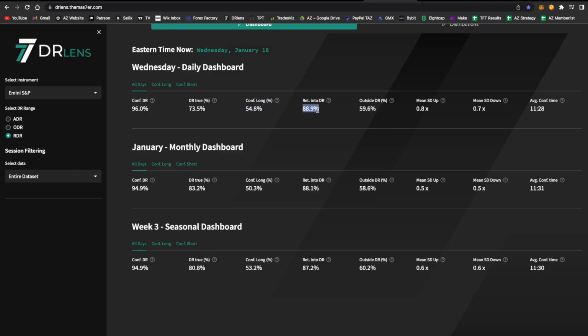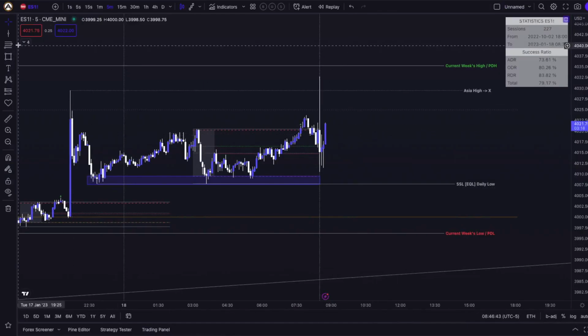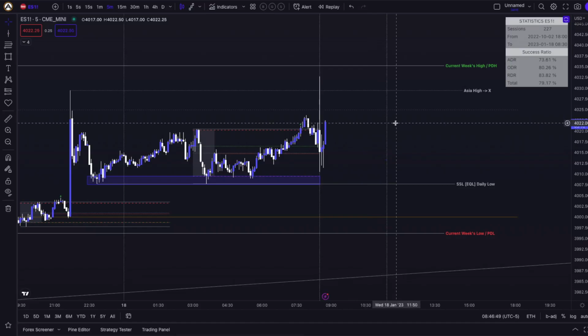Most of the time, pretty much 90%, we saw a retracement into the DR once it was confirmed, and 60% of the times we closed outside of the DR. The average mean standard deviation to the upside would be 0.8x, and to the downside 0.7x, and on average, the RDR for today should be confirmed by 11:28 a.m. New York local time, which would be, theoretically speaking, right around here. So this is when we should see the RDR for today being confirmed.